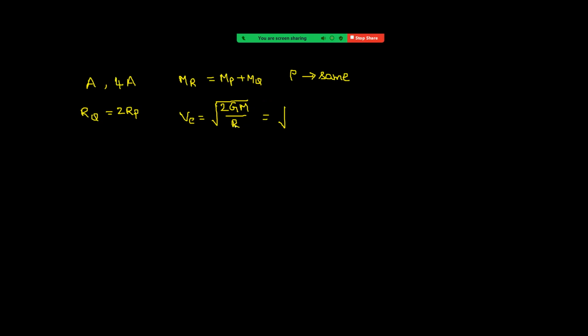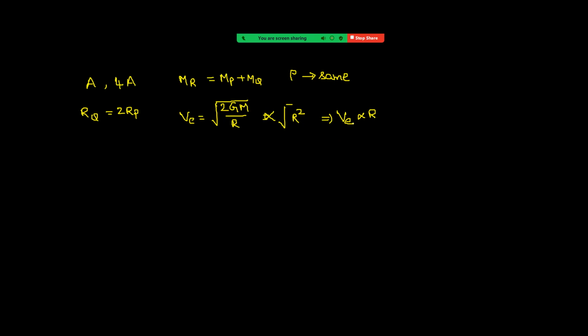This is r cube and this is r, remaining is r square. Root of r square means escape velocity is proportional to r. So no need to worry about their masses. I am repeating: since the density is the same, write mass as volume into density, volume 4 by 3 pi r cube, r cube and r square.